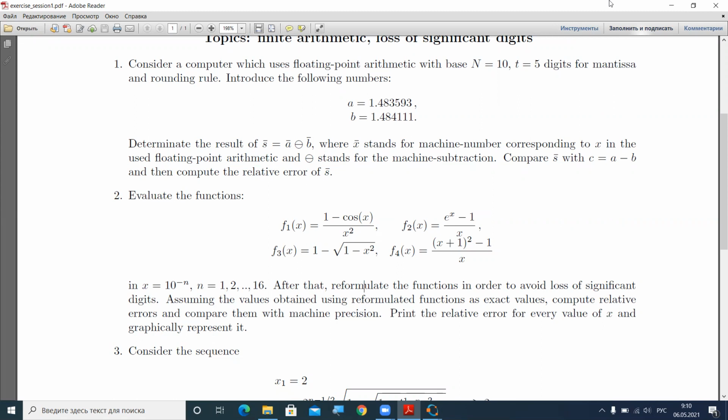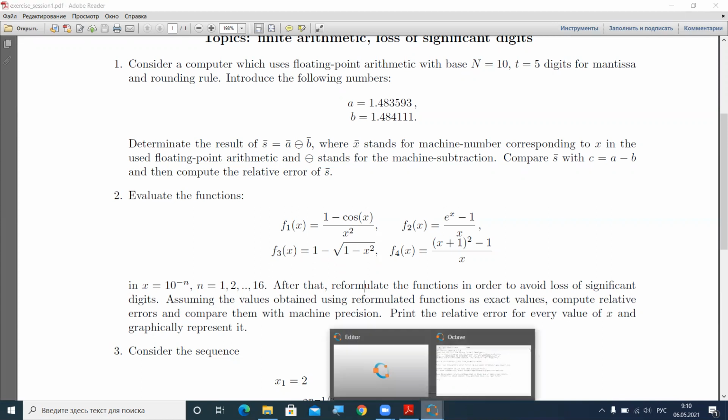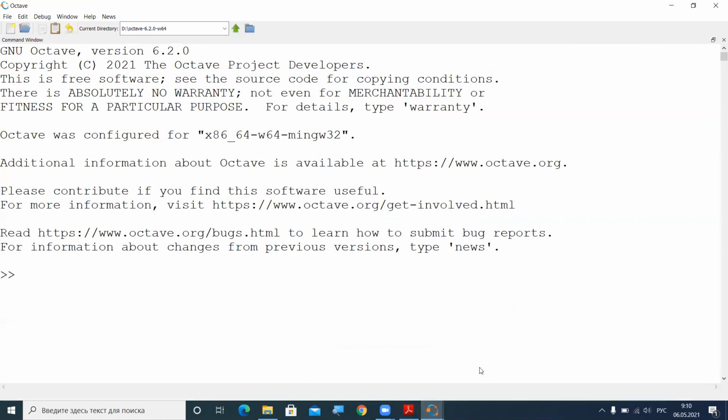Reformulate means we need to change to a new function which is algebraically equal to this function, but when we do machine operations, we get some kind of errors. They are the same algebraically, but they are not the same in machine operations. So let's begin with this example.